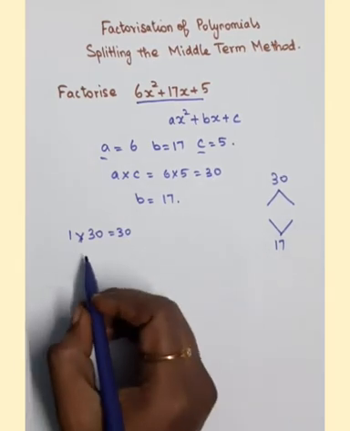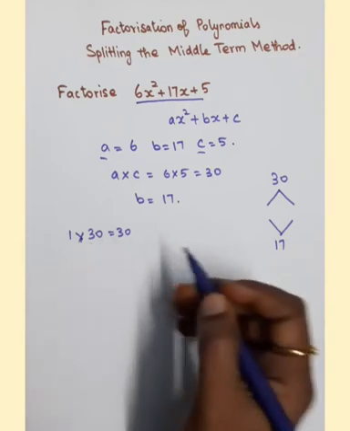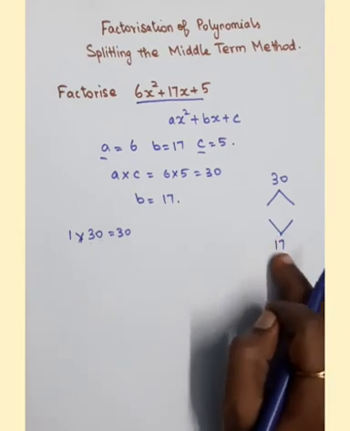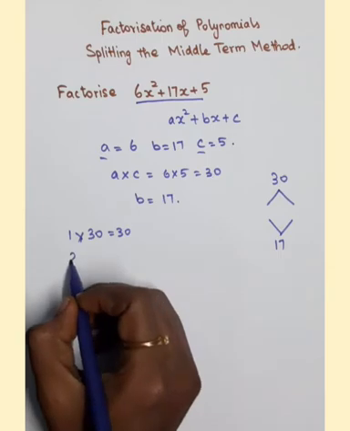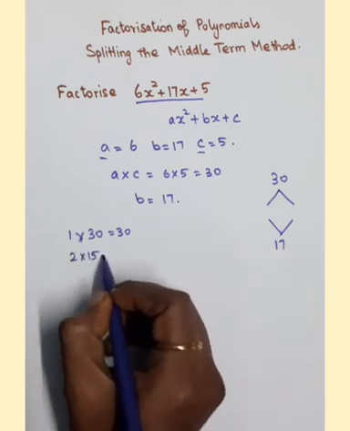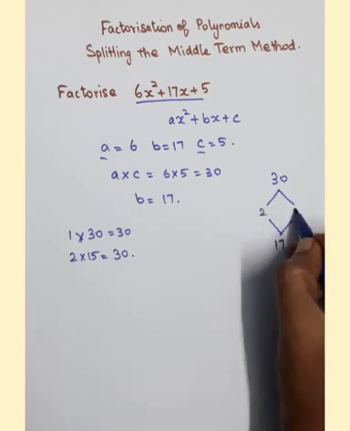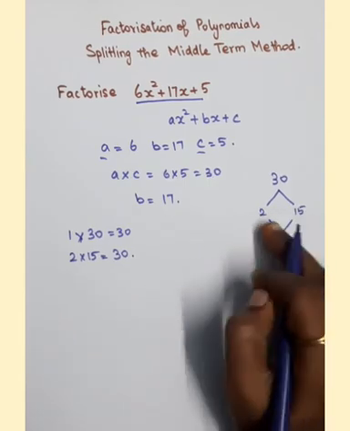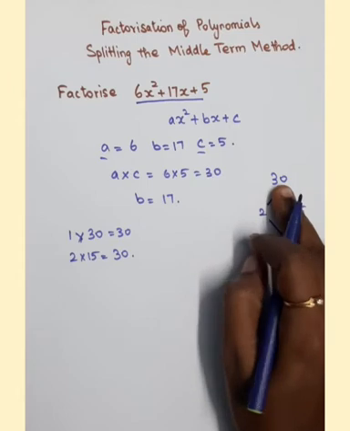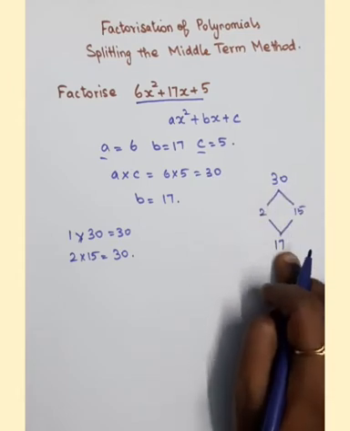So, we have to take factors such that the sum is 17. So, let me check with 2 into 15, which gives you 30. If we take the factors as 2 and 15, the product is 30, and if you add them, you will get 17.